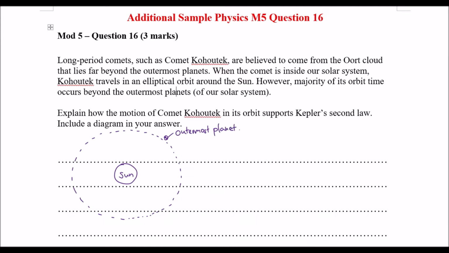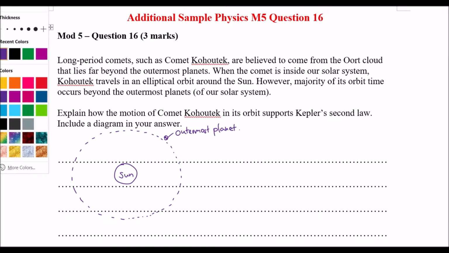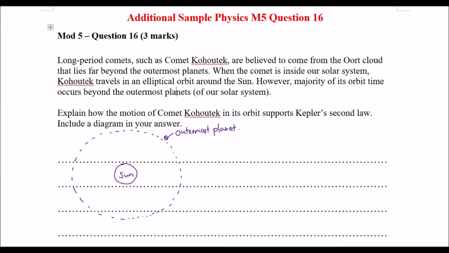Okay, just change color. It's saying this comet comes in an elliptical orbit. So an elliptical shape would look a bit more like this. So this rounder shape, like so. Not completely elliptical, but it shows what it is.